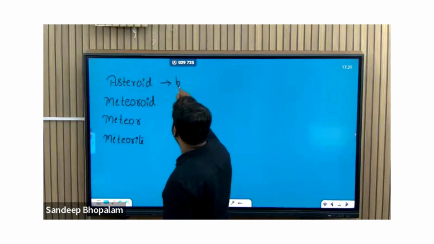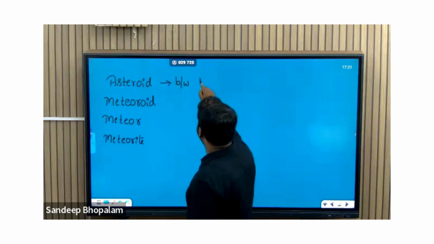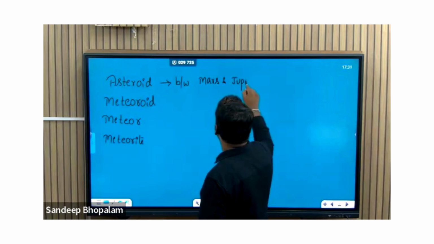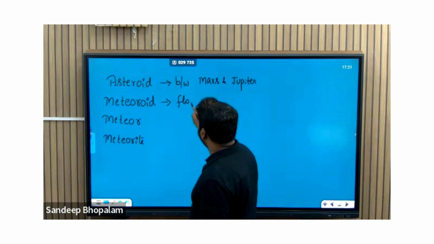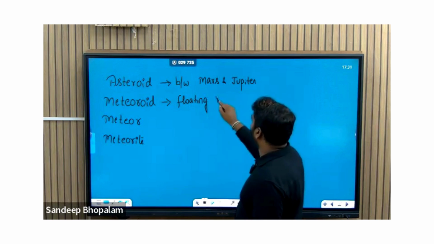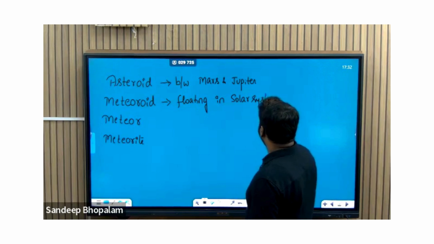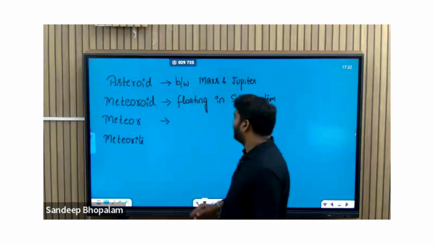So, what are the keywords that I want you to know? Asteroid is in between which two? It will be there in between Mars and Jupiter. Please note this down. Mars and Jupiter. Meteoroid, irregular rocks floating in solar system. Meteor, right?